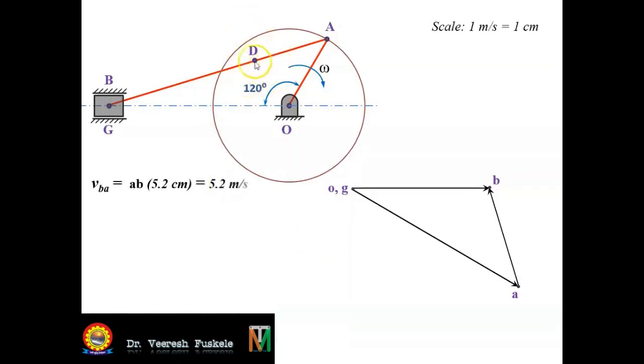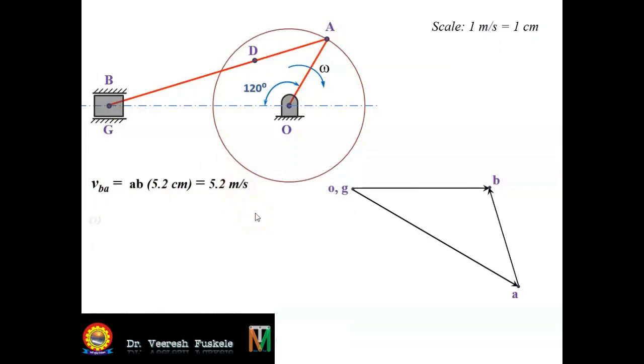Before drawing the point D, we have to calculate the velocity of AB, so that we can find the point D by using the velocity of AB and the ratio method. The velocity of AB can be found by measuring the vector AB. By measuring the vector AB, we have found it to be 5.2 centimeter. So by converting with the proper scale, we get the velocity of B relative to A is 5.2 meter per second.